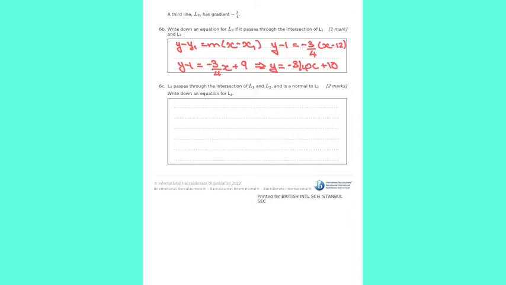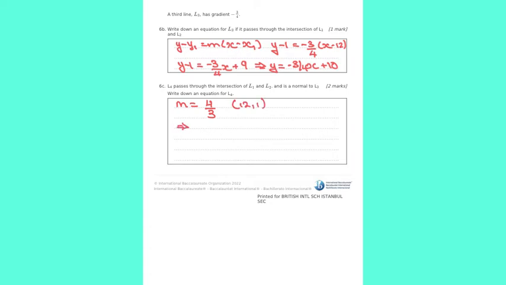6c, L4 passes through the intersection of L1 and L2 and is a normal to L3. Write down the equation for L4. Well, if L3 has the gradient minus 3 over 4, a normal will have the gradient where m is equal to 4 over 3, and it passes through the point (12, 1).